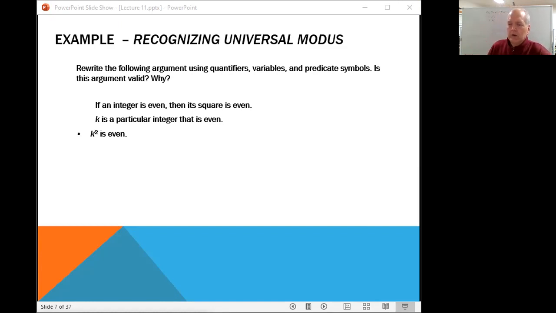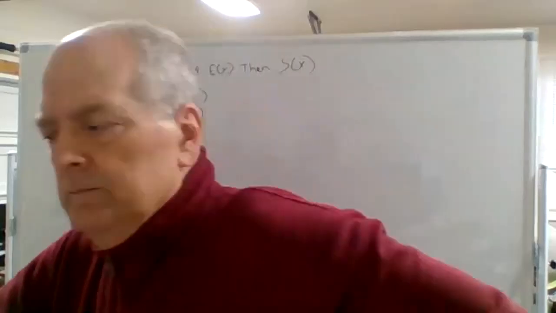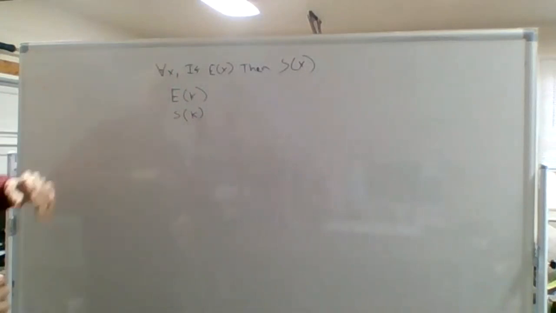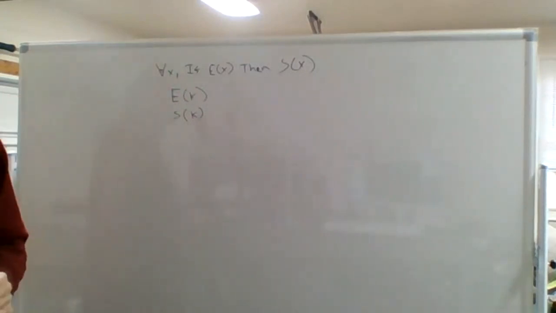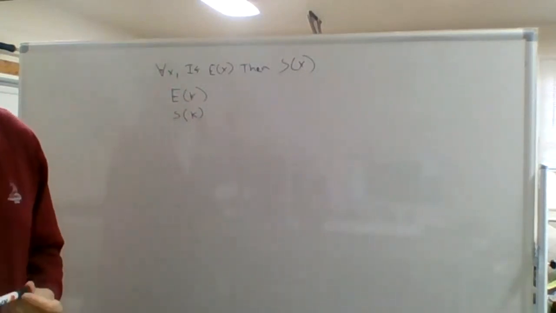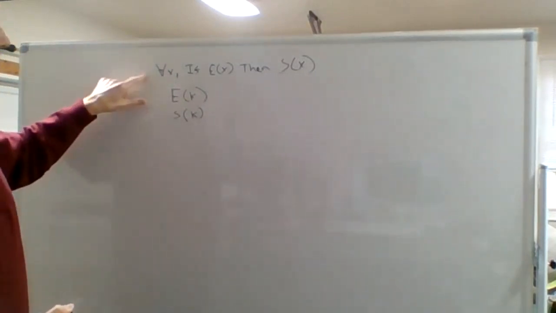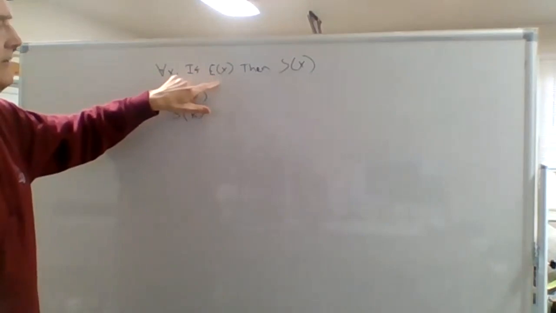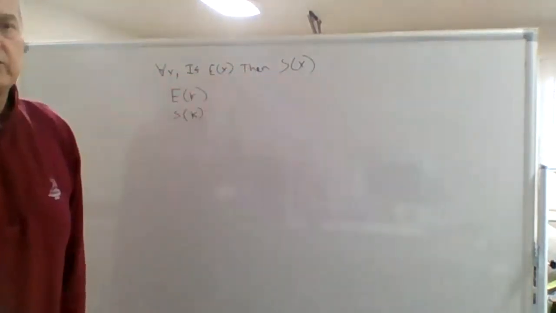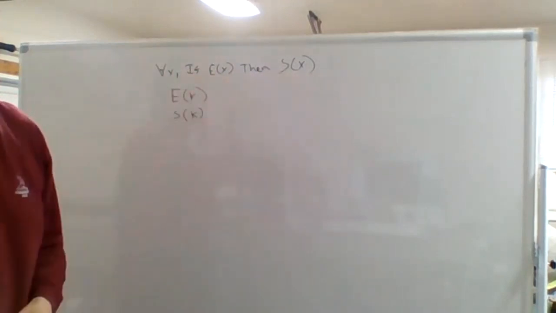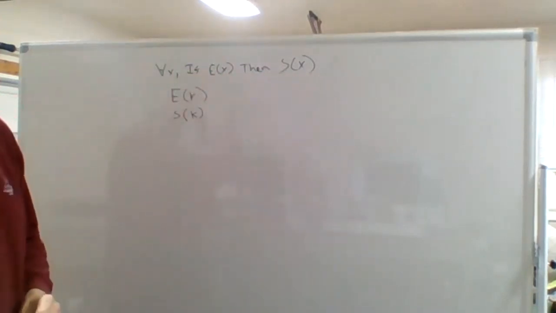So then we get an argument of this form, and let me put it up on the board here. This is just a formalized view of that argument we see in the slide. For all x, if E of x, then S of x. In other words, if x is even, then x squared is even.